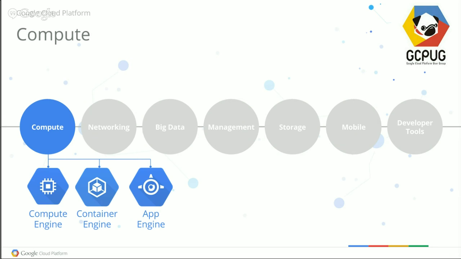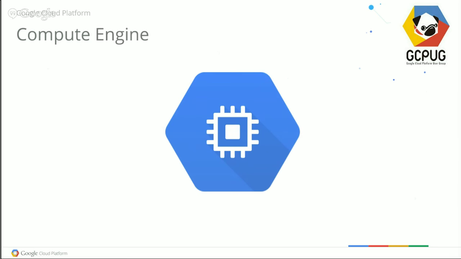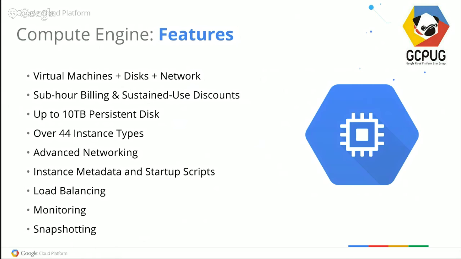Let's look at some of these things a little bit more. So Compute Engine, which is the first part. Now, in Compute Engine, three keywords are there when it comes to computing: virtual machines, disk, and network. VMs are like, okay, give me a Linux box, whichever flavor you want, or give me a Windows box. So you basically provision machines.